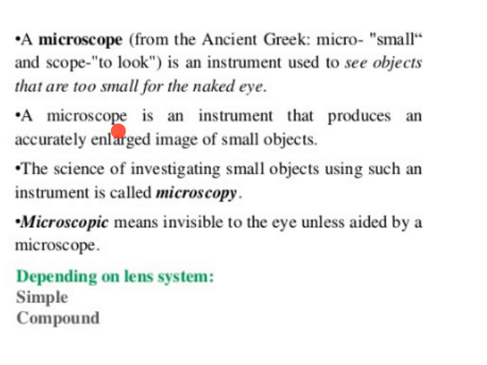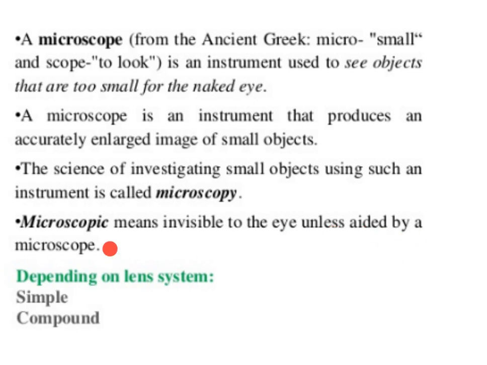It produces an accurately enlarged image of small objects. The science of investigating small objects using such an instrument is called microscopy. Microscopic means invisible to the eye unless aided by a microscope.